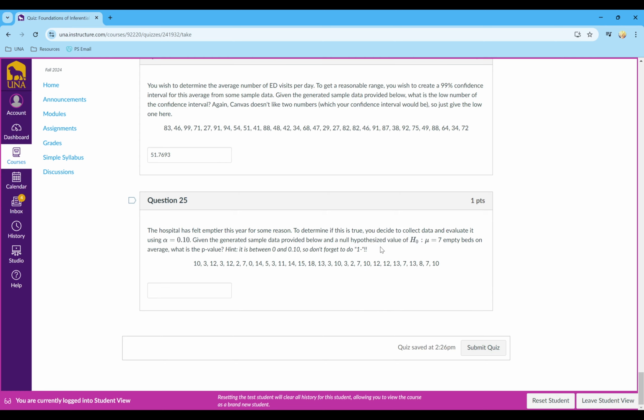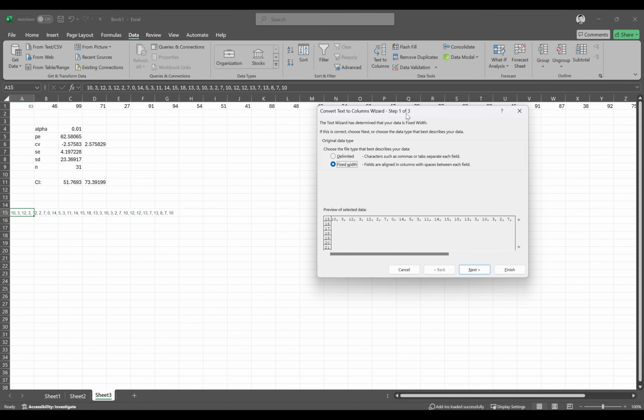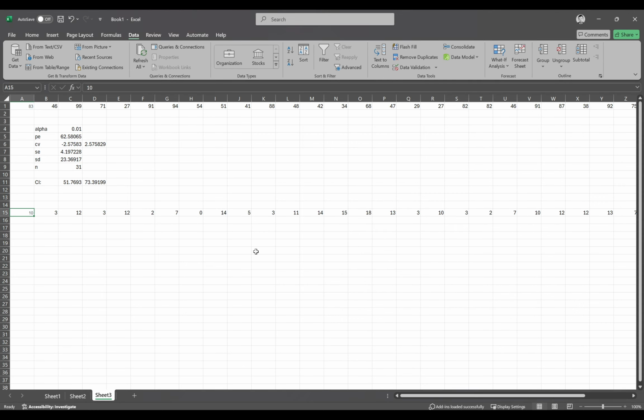All right. So putting this in, let's see what we get. I'm going to have to do essentially the whole hypothesis testing procedure because my p-value is based on the test statistic. So I need to calculate the test statistic.